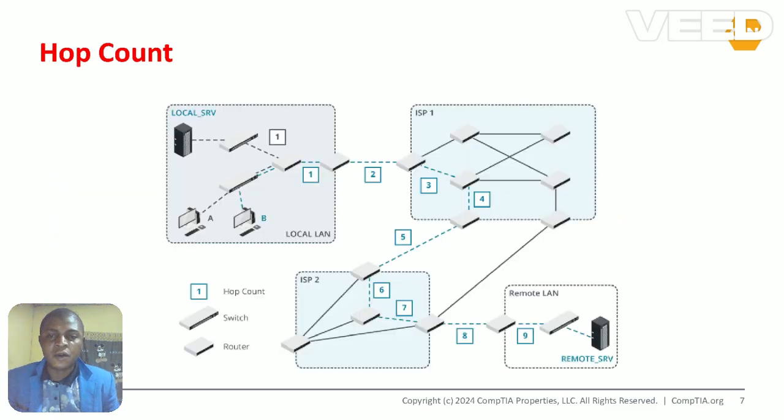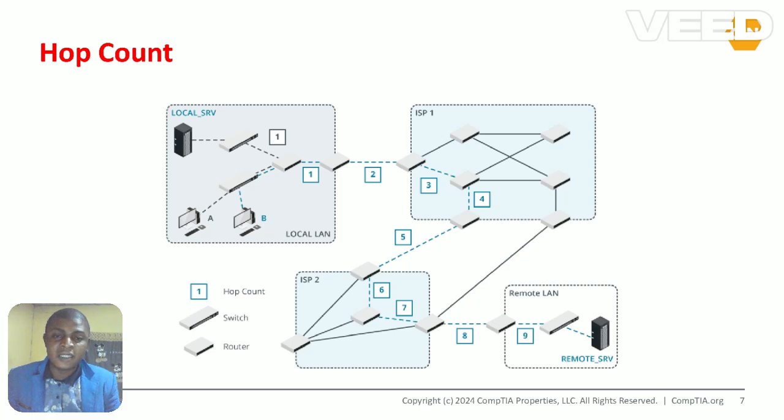Now we have hop count. What is hop count? A hop count is how many routers a packet encounters before it gets to its destination. If you want to send a packet from router 1 to router 4, the packet moves from router 1 to router 2, from router 2 to router 3, and then to router 4.